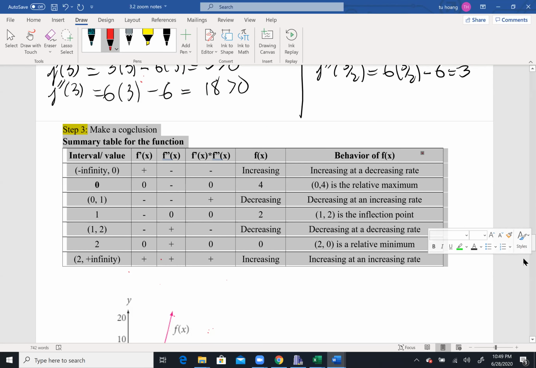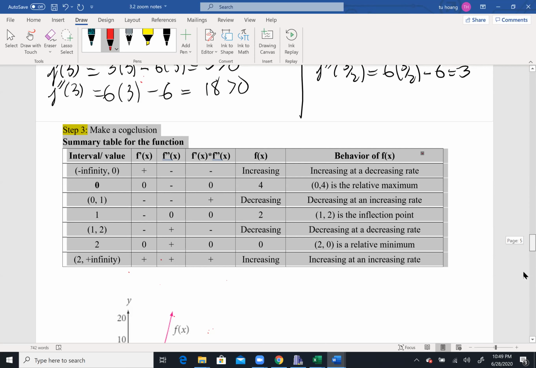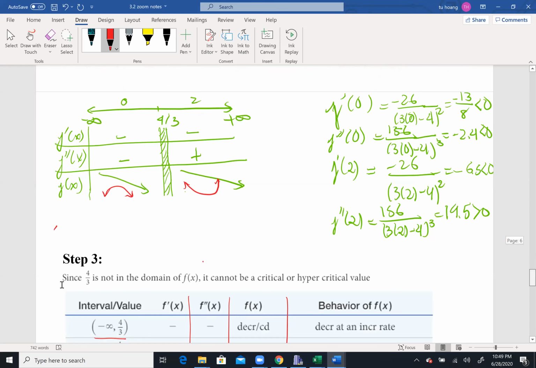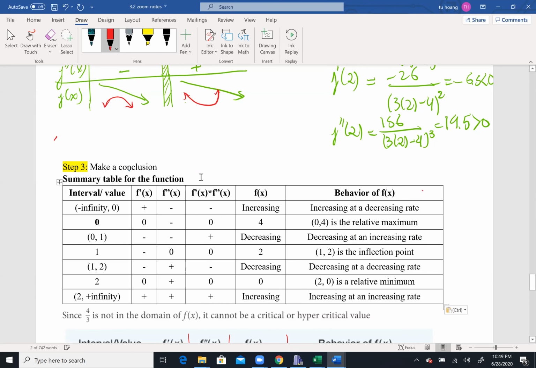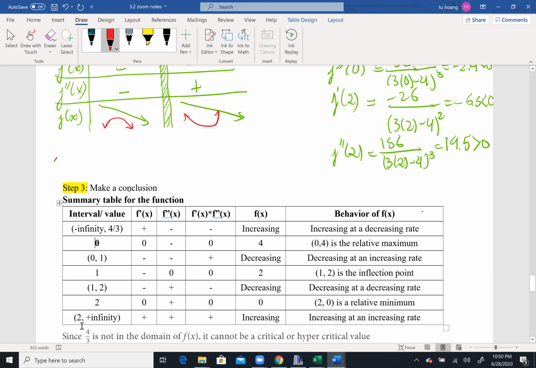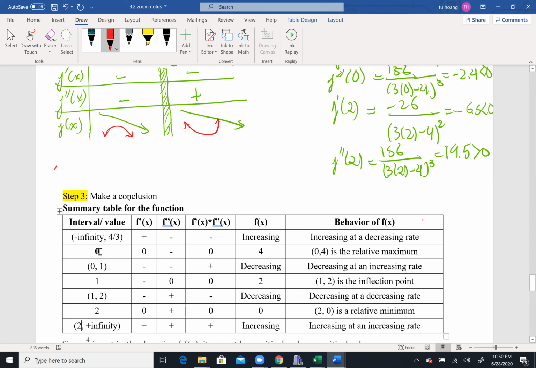So we're going to check negative infinity to 4/3, and then 4/3 to positive infinity. At 4/3, what happens?